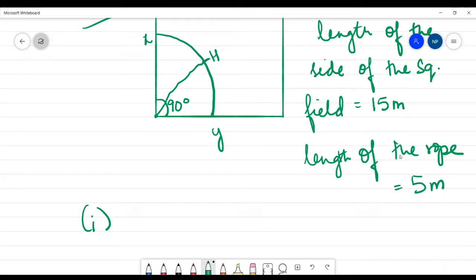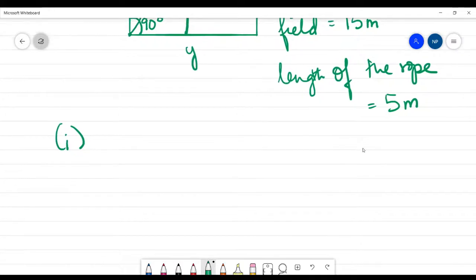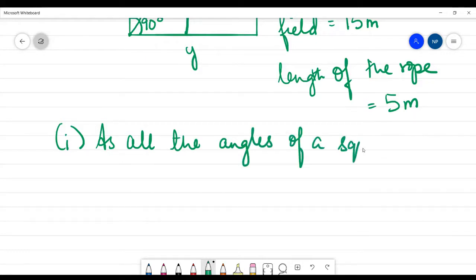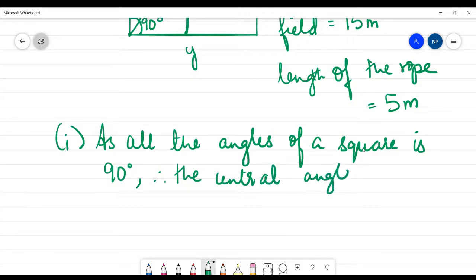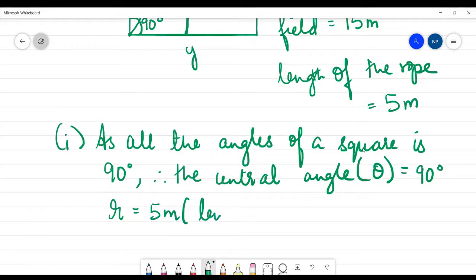So you will write: all the angles of a square are 90 degree. Therefore, the central angle theta will be equal to 90 degree, right? Now, the length of the rope is given as 5 meter, which will act as the radius. So radius is equal to 5 meter, the length of the rope.